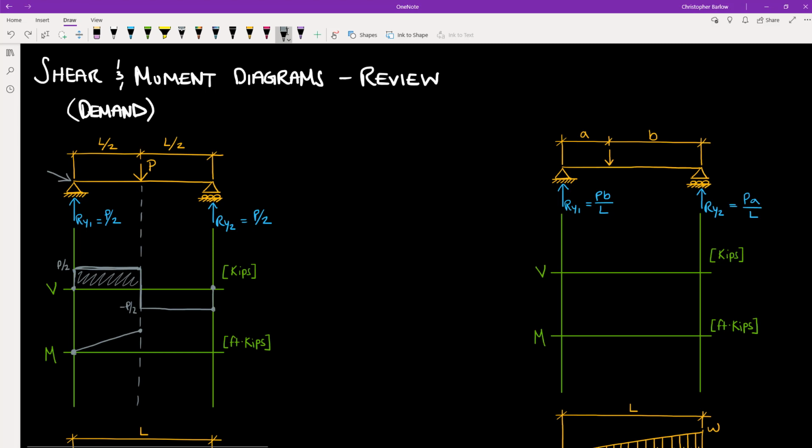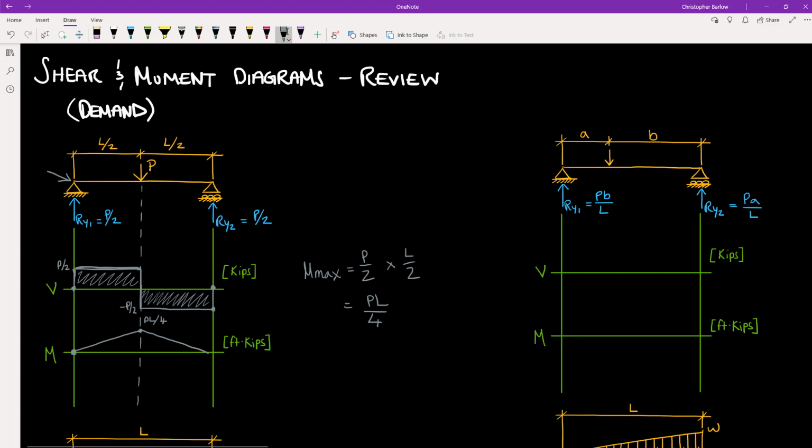And that total area is going to be equal to P over 2 times L over 2. So we end up with PL over 4 for our maximum moment. PL over 4. Now as we move further to the right, the area that we start to collect is negative. And so we will be subtracting from our moment curve.